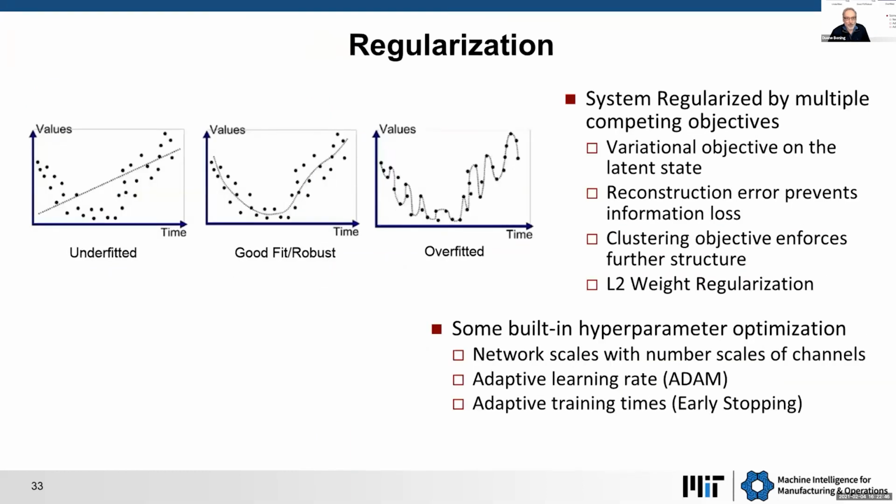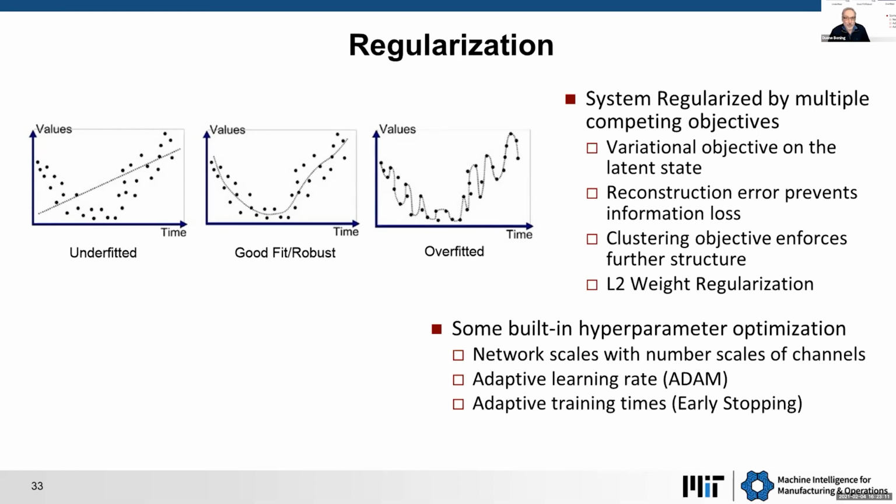You can imagine this model can get fairly complicated and have a lot of parameters, so we do employ implicit and explicit regularization. Some of those come just from the structure. Things like the reconstruction error help prevent some loss. The clustering objective enforces some structure here.